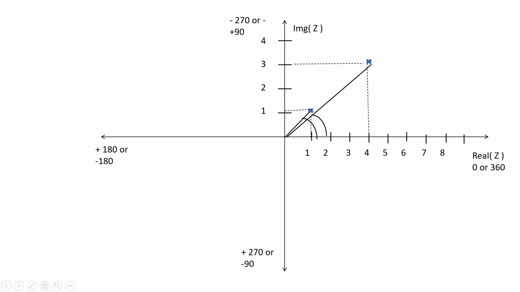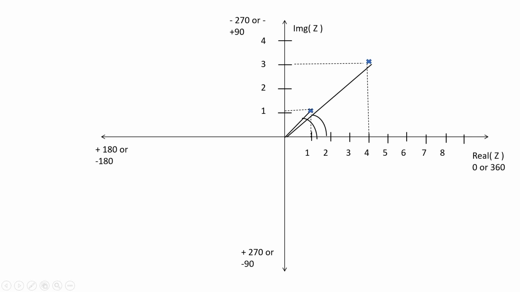The angle measured in the anti-clockwise direction is positive, and the angle measured in the clockwise direction is negative. We have 0 degrees or 360 degrees on the positive real axis, and moving anti-clockwise we have positive 90 degrees, then positive 180 degrees, then positive 270, and then 360 degrees.